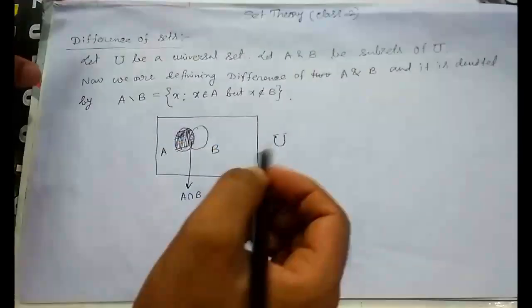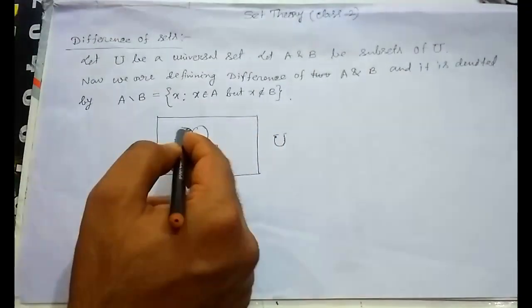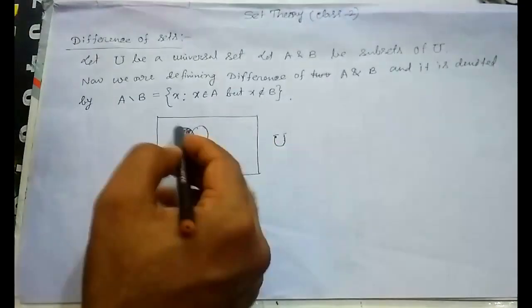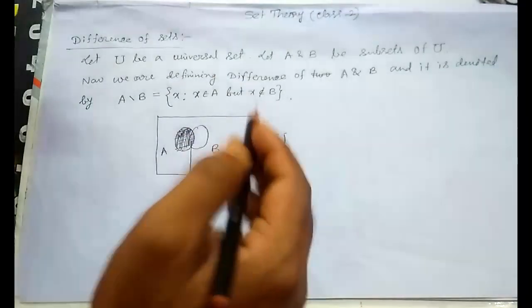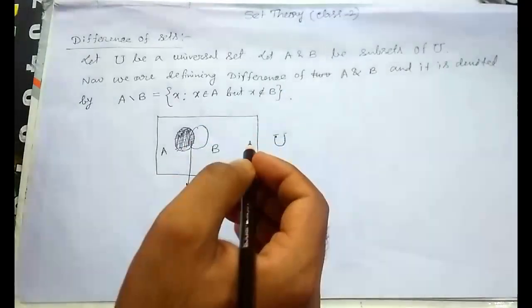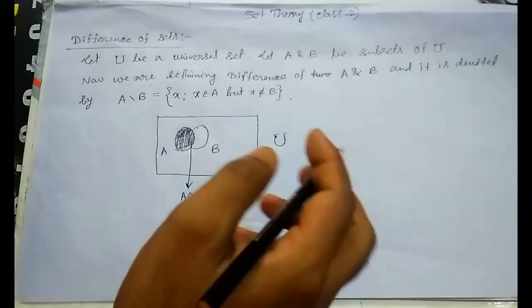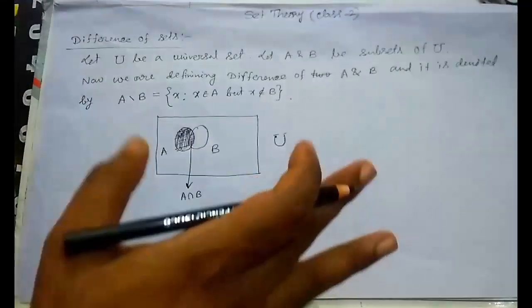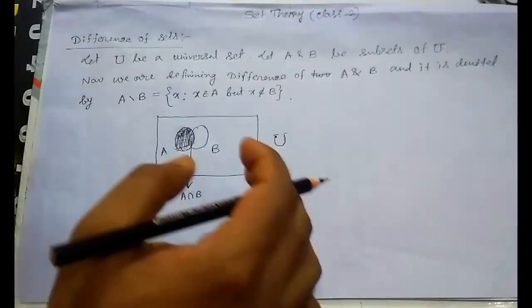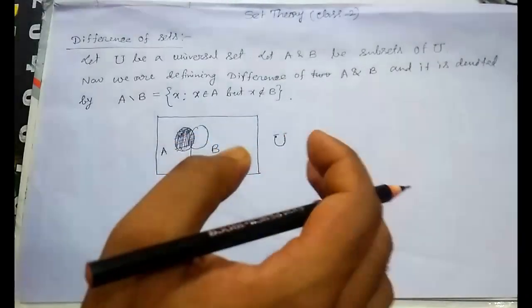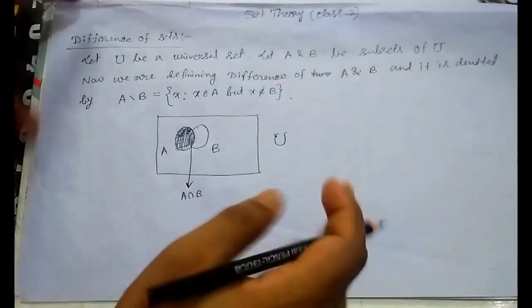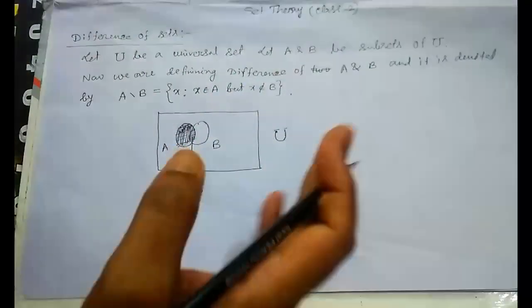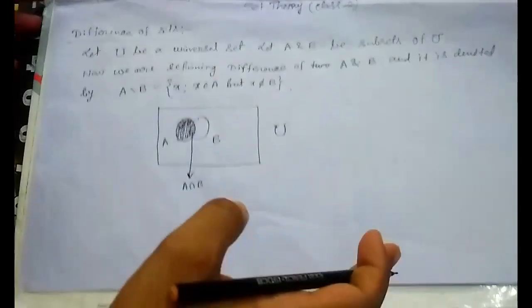That means these elements are only in A but not in B. So this is our picture of our definition. Fine, so this is our difference of two sets.